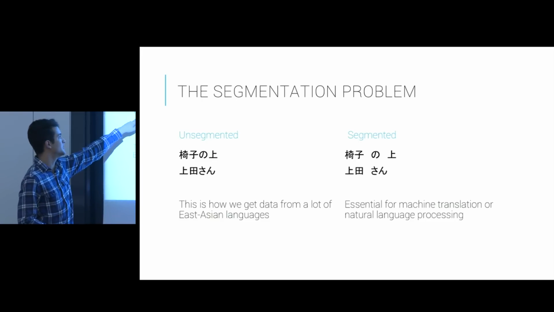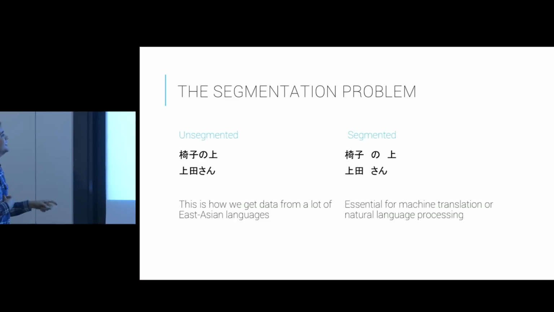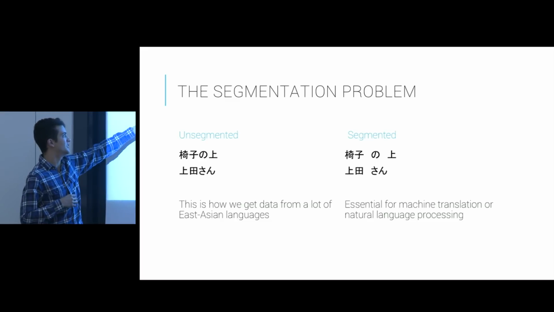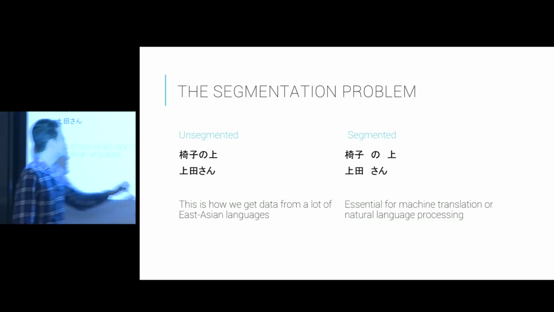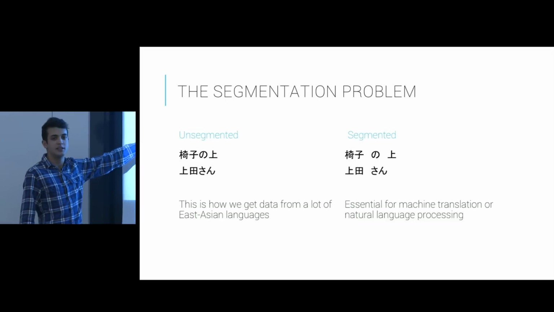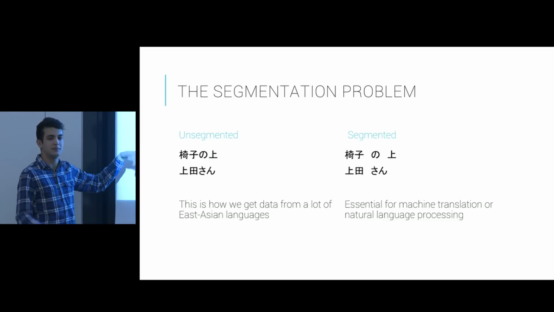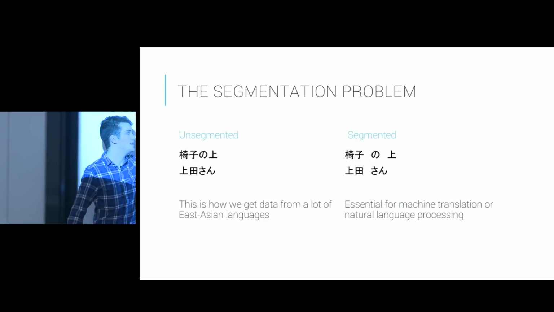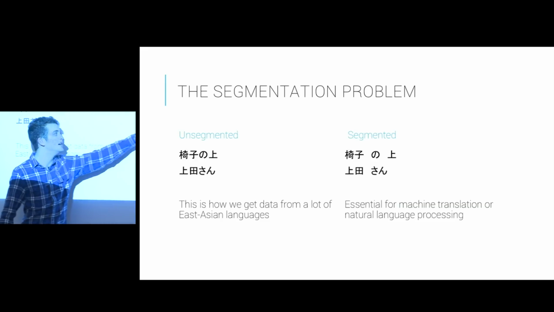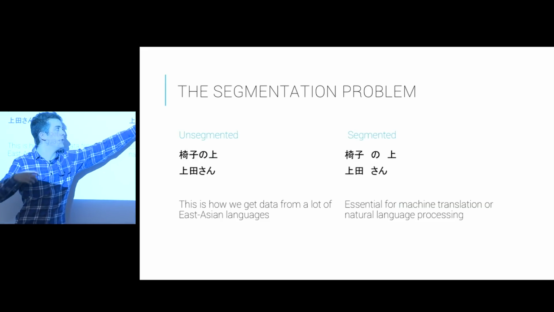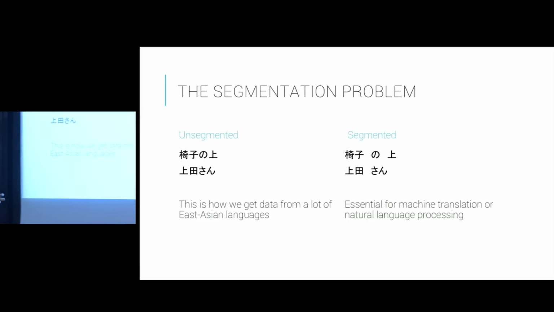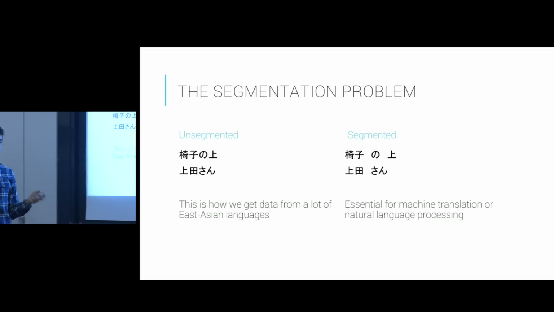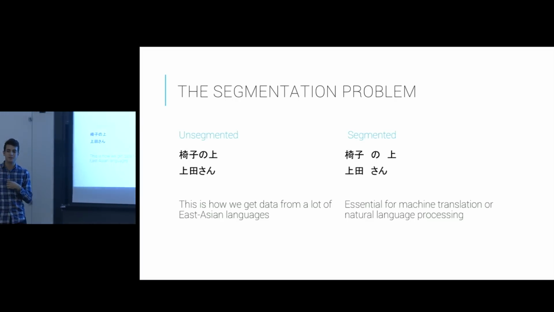So basically it means chair of top. So if you had to put a space, it would be here. And then you have Ueda-san, which basically means Mr. Ueda. And you see that Ueda, and then you have a space and then san. So you see that here Ue is by itself, and here has a character next to it. So it's not like in those languages characters mean a word, so you just put a lot of spaces.